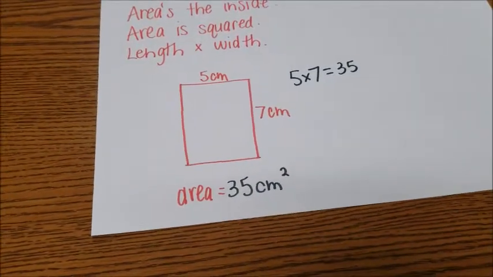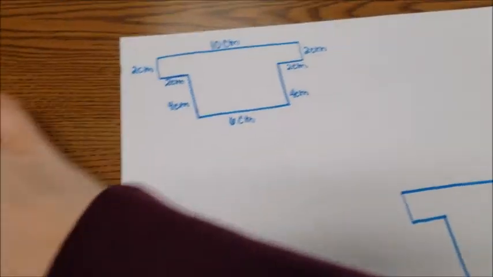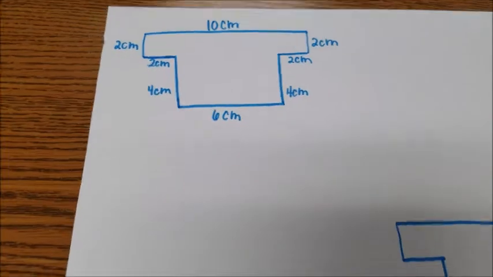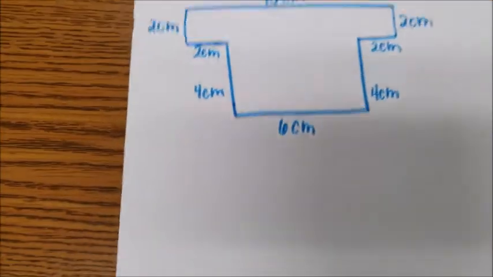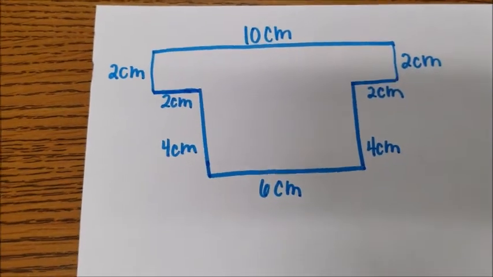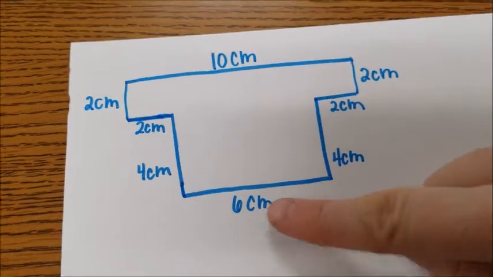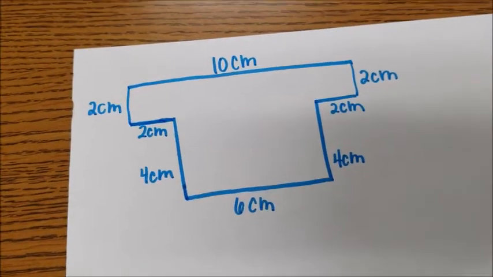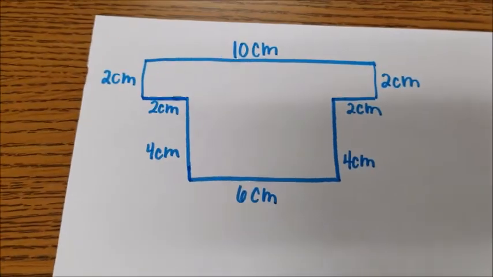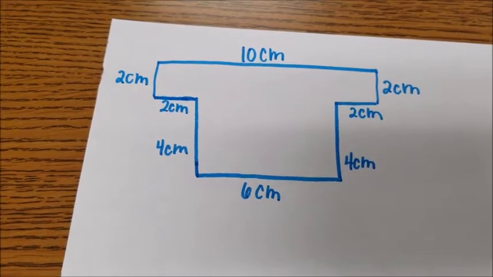But today we're going to make it a little trickier. We're going to do area when it's not just a plain old square or rectangle, which makes it a little trickier. So when you find something like this, what we have to do first is, if there's any sides we don't know, we'd want to find those. But this one, I actually gave you all the sides, so that's okay. So now what we're going to do to make this easy is break it into rectangles and or squares.